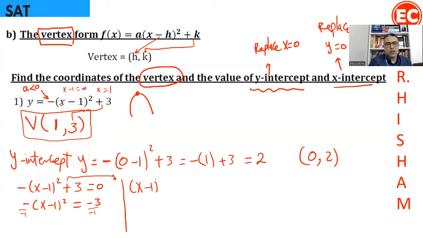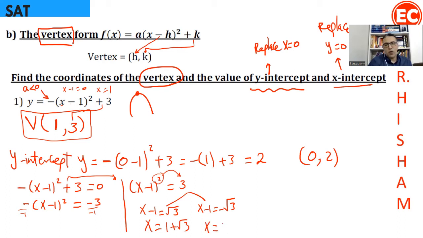So (x - 1)² is equal to 3. By taking the square root of both sides, x - 1 is equal to root 3 or x - 1 is equal to negative root 3. So x here is equal to 1 plus root 3, and x there is equal to 1 minus root 3.